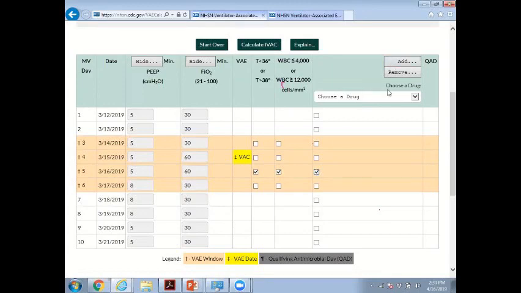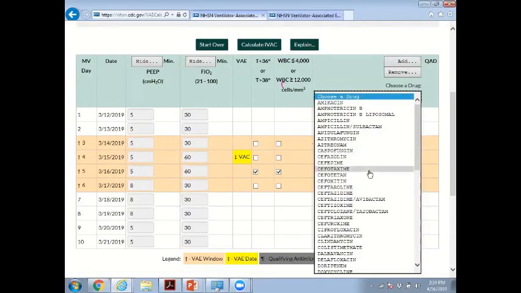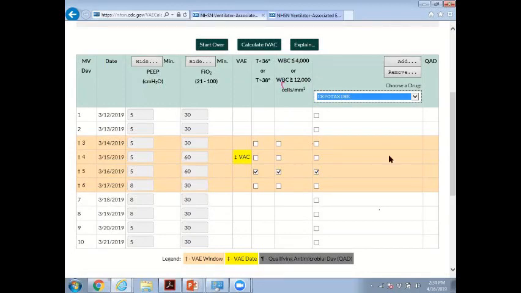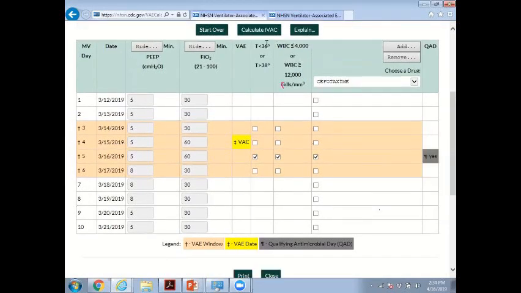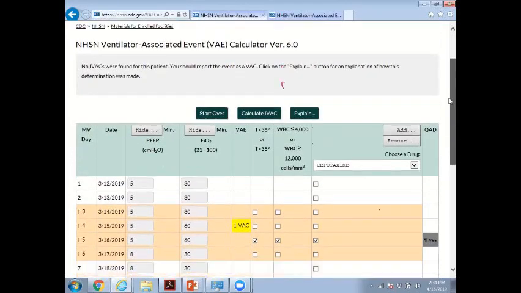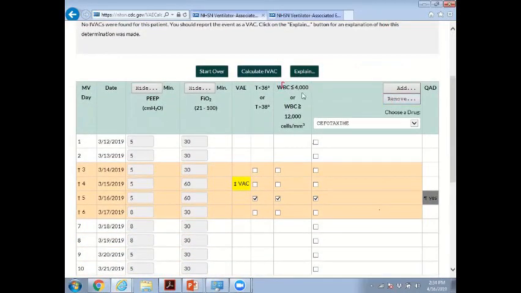And let's say the patient had an antibiotic on this day. We will calculate the IVAC. Here it gave me yes. So in the form, we will not write the VAC, we will write the IVAC only. Sorry, it will be PVAP. Yeah, PVAP.